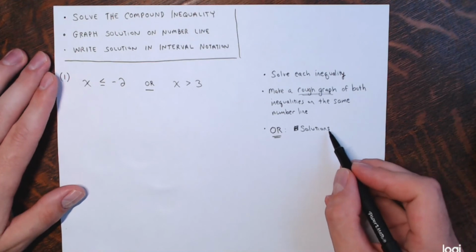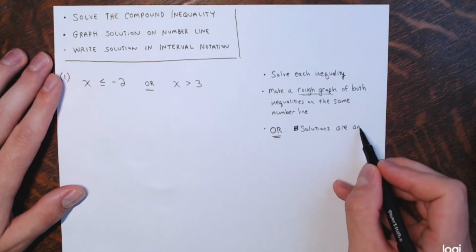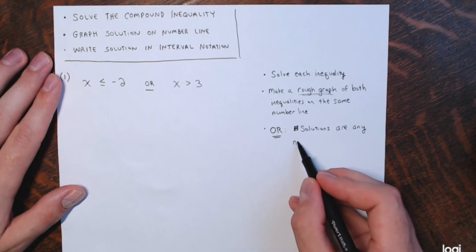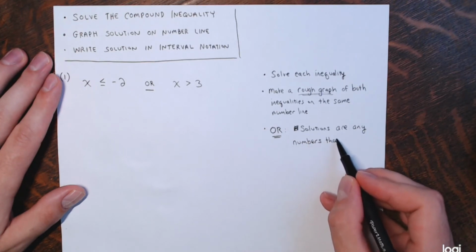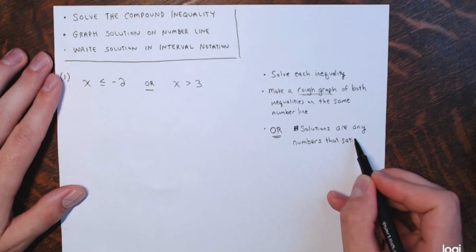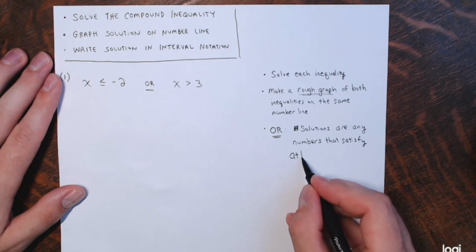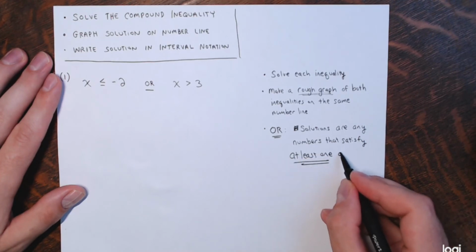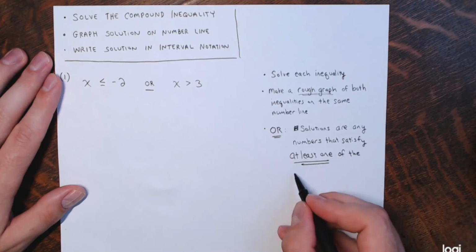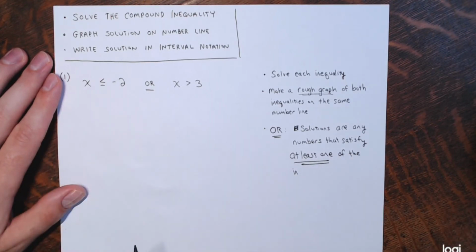So solutions are any numbers that satisfy at least one of the inequalities. So either the left one or the right one, or both.